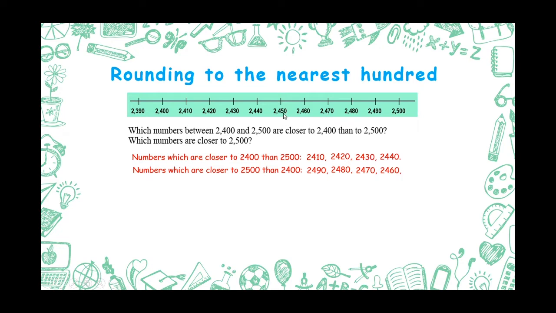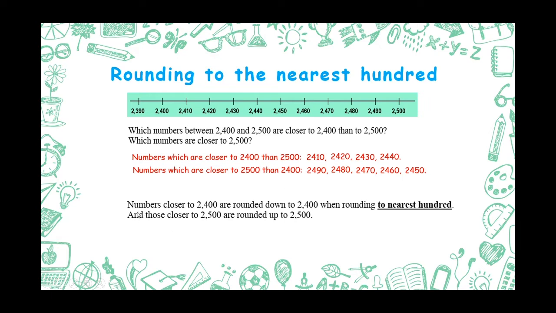And last one, remember 5 we round up. So we also have 2,450. We have 5 tens, 6, 7, 8, 9. 5, 6, 7, 8, 9 we round up. 1, 2, 3, 4 we round down.